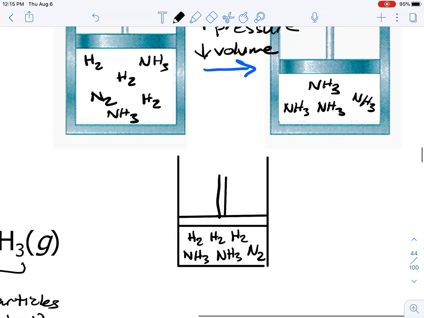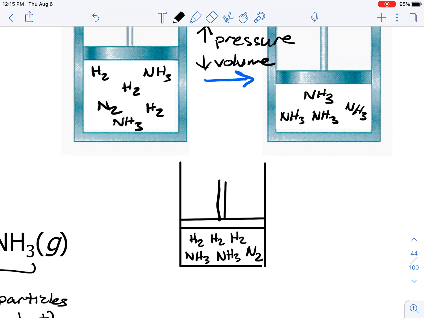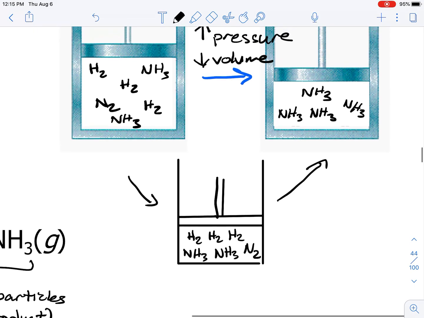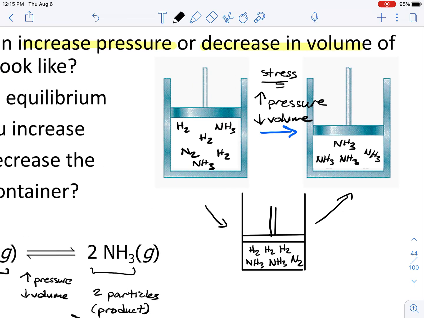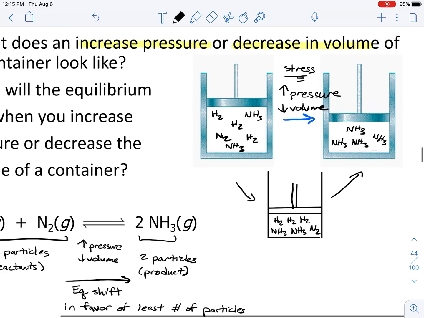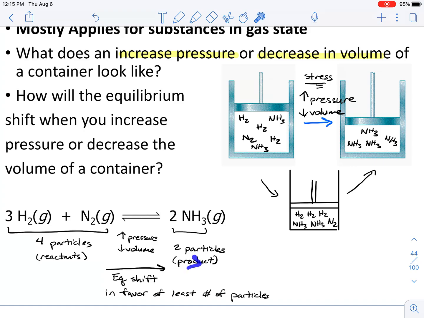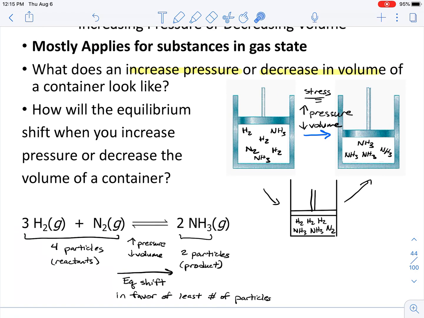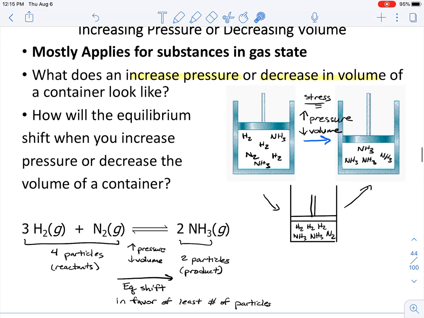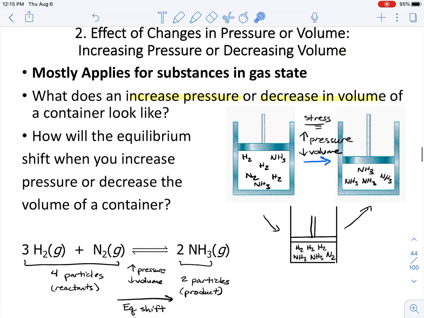So notice how it was very tight and uncomfortable. Hopefully you guys can understand with this visual drawing why the equilibrium shifts towards the least number of particles. Okay, so I'll go ahead and add in some more notes here on my PowerPoint, and I'll post this PowerPoint with this PDF on Canvas.